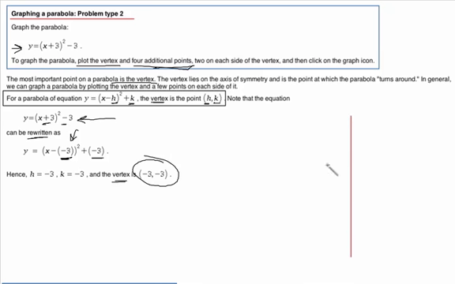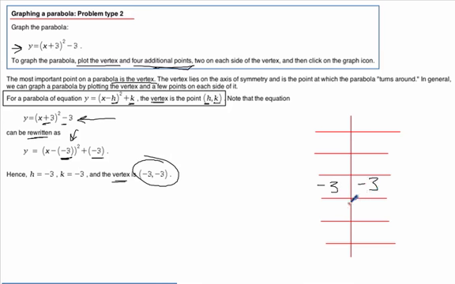So if we do our little t-chart, x and y, we want to pick 4 points, 2 on either side of that vertex. If we put negative 3 and negative 3 in the middle, then we have to think of a couple of points to the left, like for instance negative 4 and negative 5, and then a couple more to the right, which would be negative 2 and negative 1.